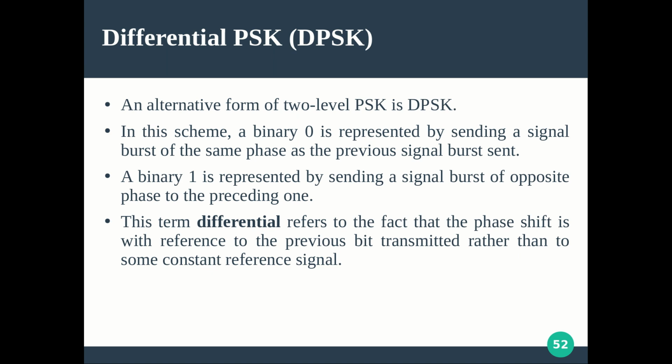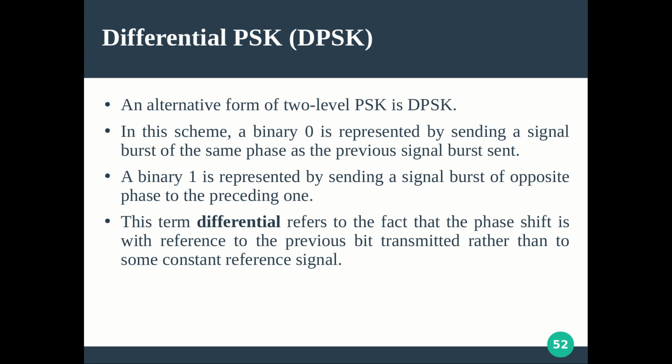This term differential refers to the fact that the phase shift is with reference to the previous transmitted signal or information rather than to some constant reference signal. So far we are referring with respect to some constant value, say FC, the original one for representing 0, and plus some pi for the other one, a fixed mapping pattern we are following.